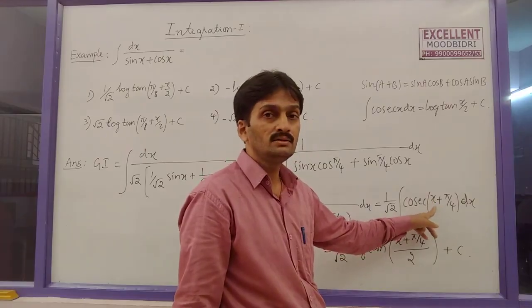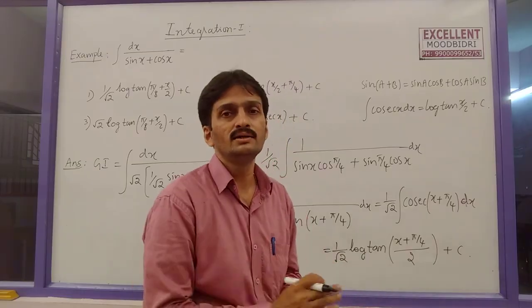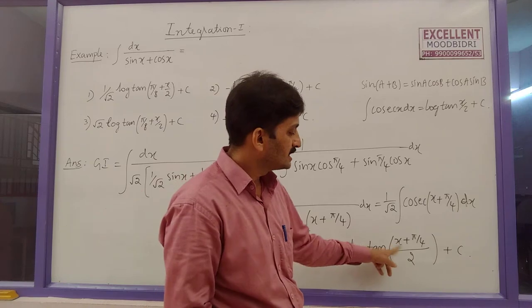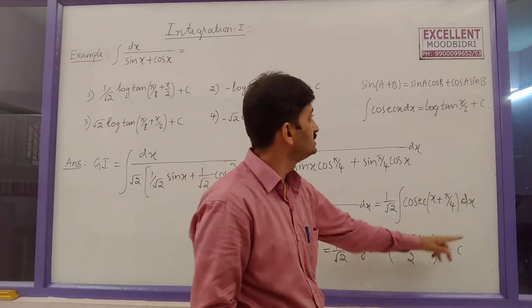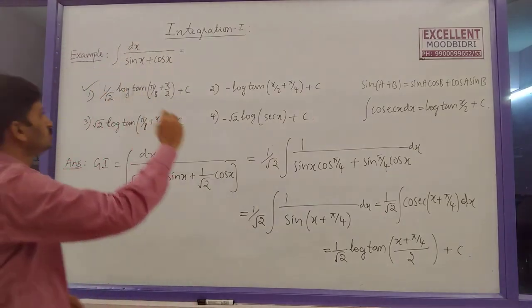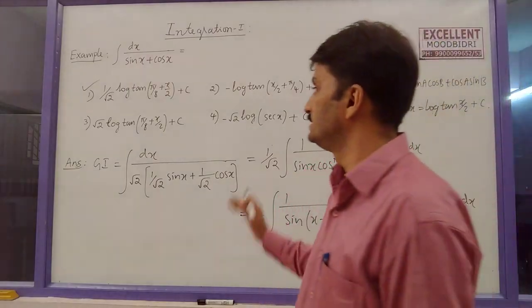So a is 1. But since it is 1, no need to divide the whole thing by 1. You can ignore that step. So what is the answer? 1 by root 2 log tan of x by 2 plus pi by 8 plus c. So which option? First one. 1 by root 2 log tan x by 2 plus pi by 8 plus c. Okay?